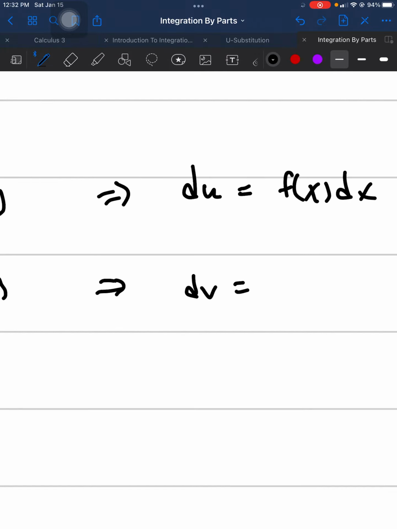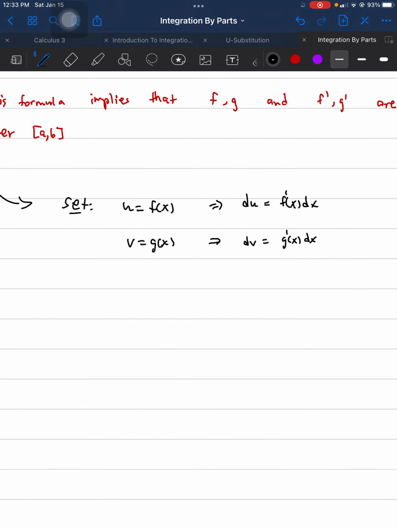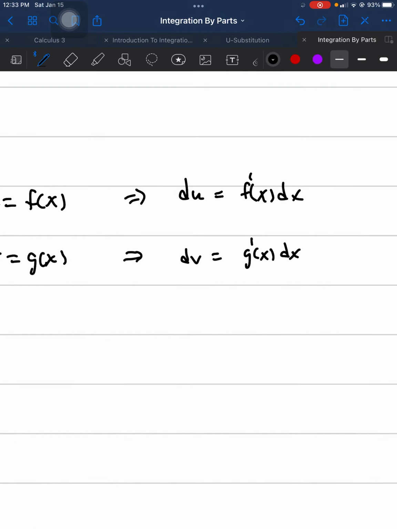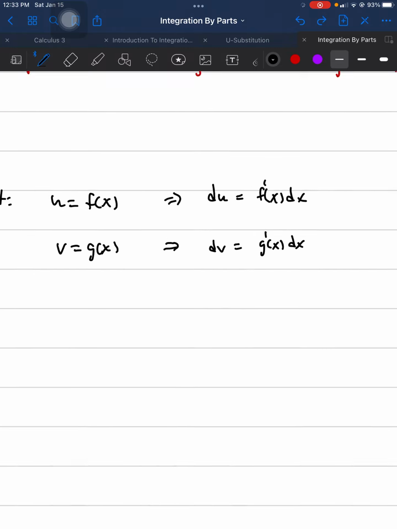Then right here we have dv is equal to g prime of x dx. So we just made the differentials of each of these functions.